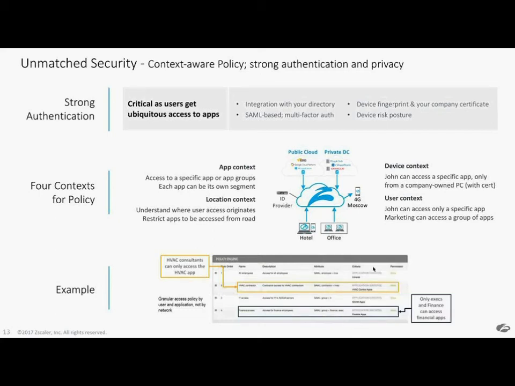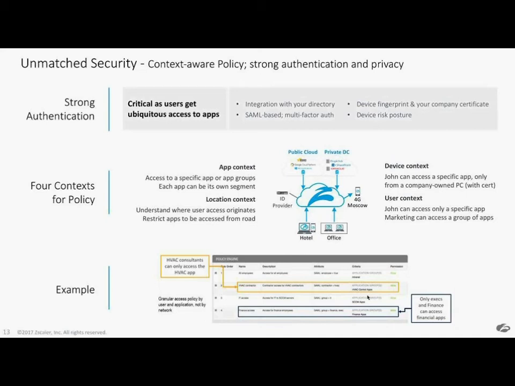So in this example, being able to say that users, HVAC consultants, the people who are managing my air conditioning unit, the only thing that they should be able to identify are the air conditioning units themselves. We shouldn't give them access to our network to give them a broad attack surface.